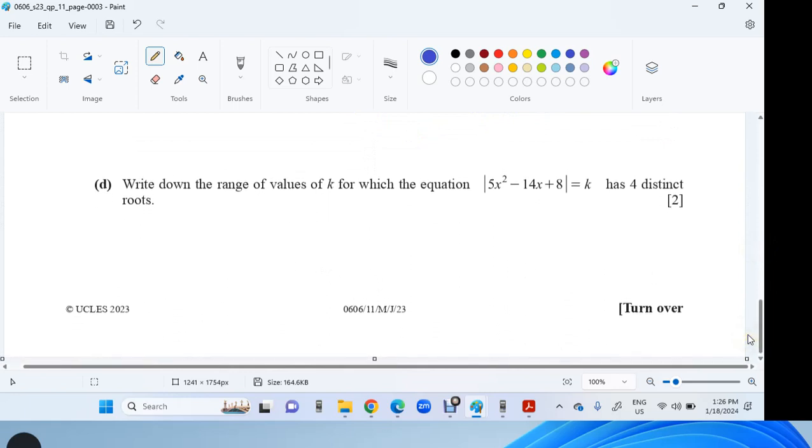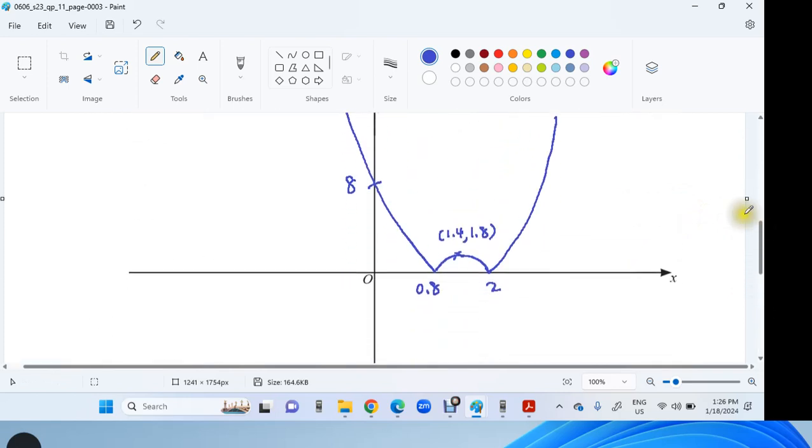Now write down the range for k for which the equation, this one equal to k, has 4 distinct roots. So we look at the graph here. If y is less than 0, then there is no root.